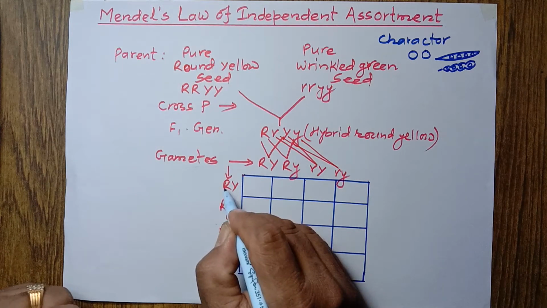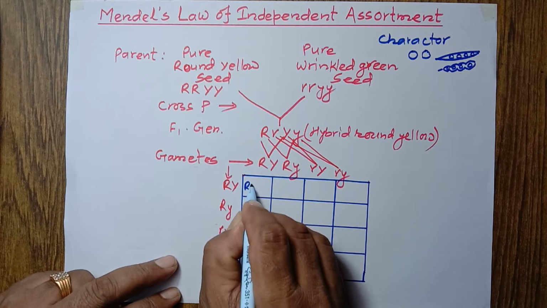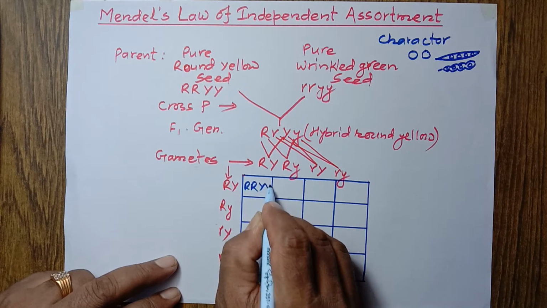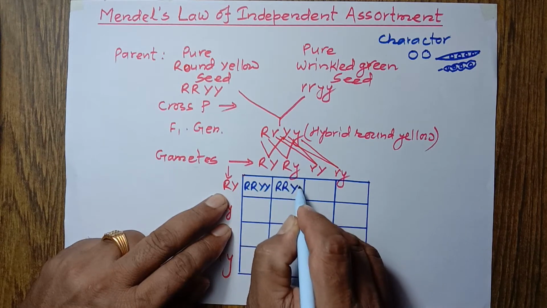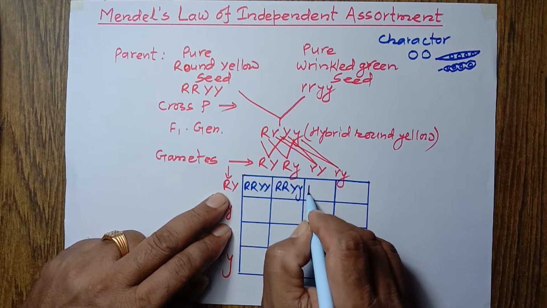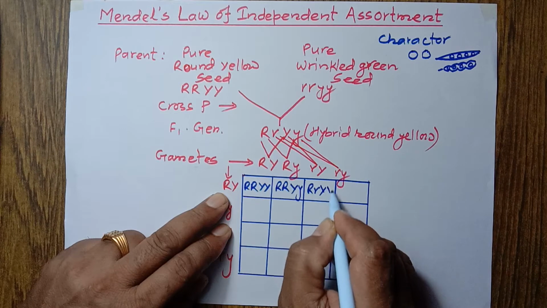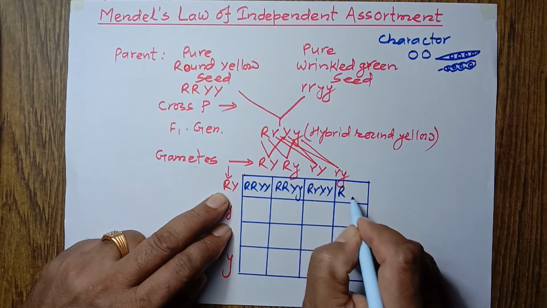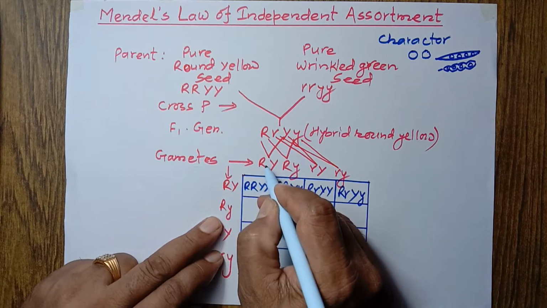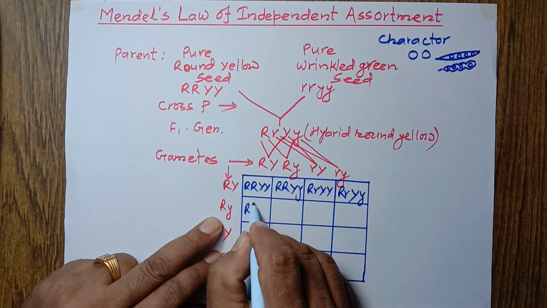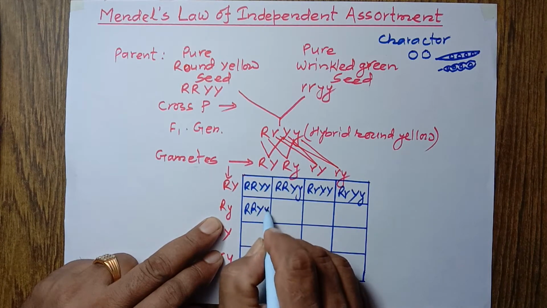Look at this. When this gamete combines with this, then we'll have capital R, capital Y, capital Y. This combines with this capital, small. In the same way, these gametes, when combined with this, give capital R, capital Y, small y.